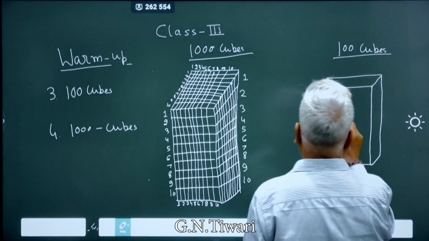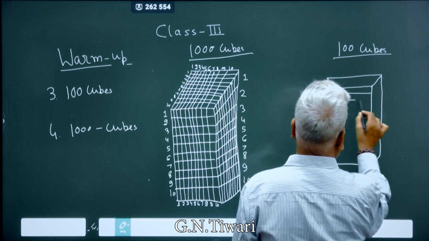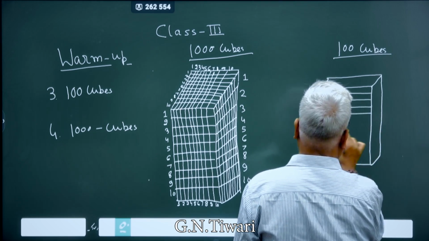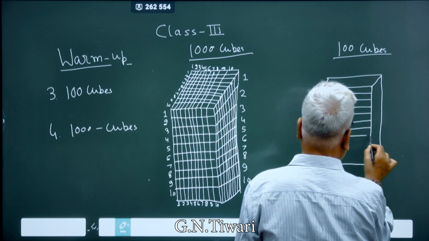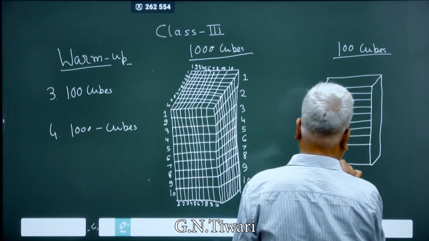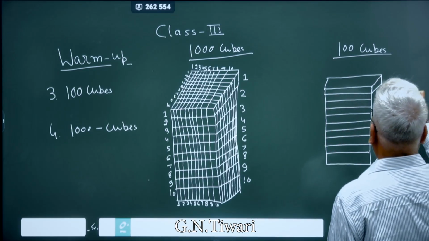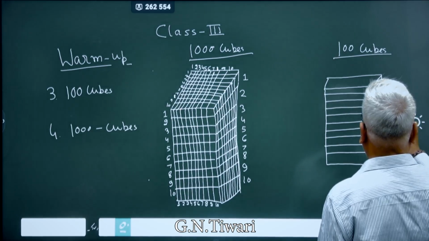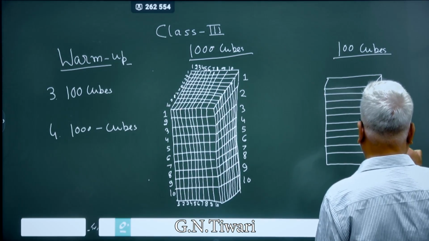In this case, divide this into 10 parts. 1, 2, 3, 4, 5, 6, 7, 8, 9. इसको इससे मिला दीजिए. 1, 2, 3, 4, 5, 6, 7, 8, 9.